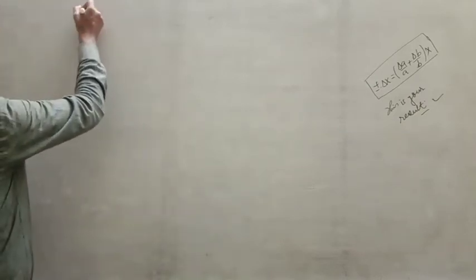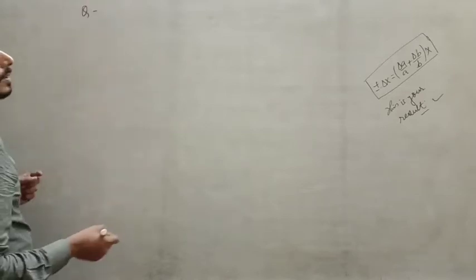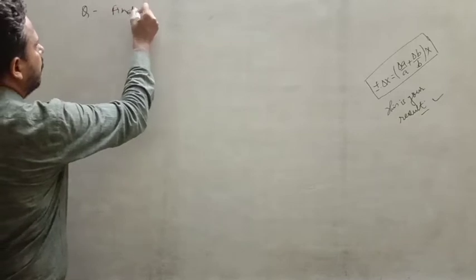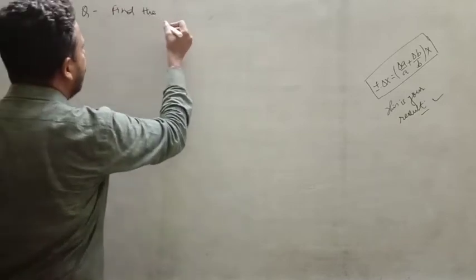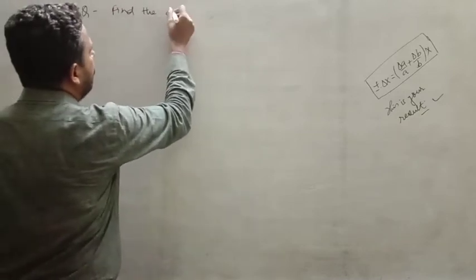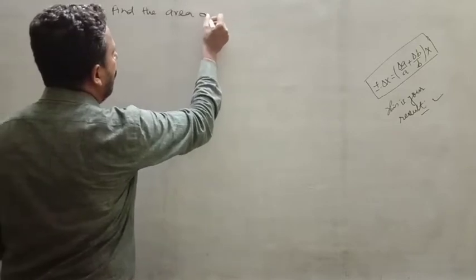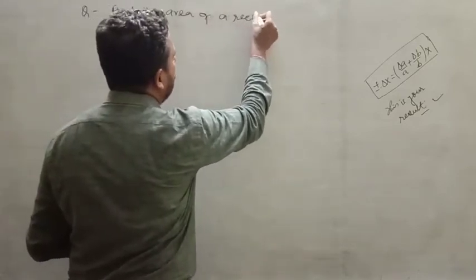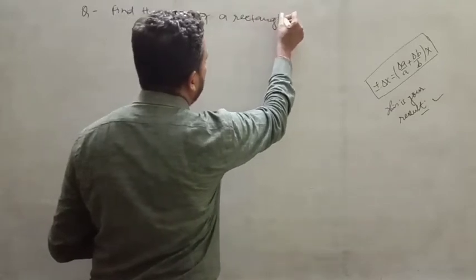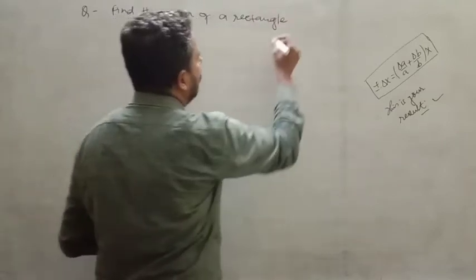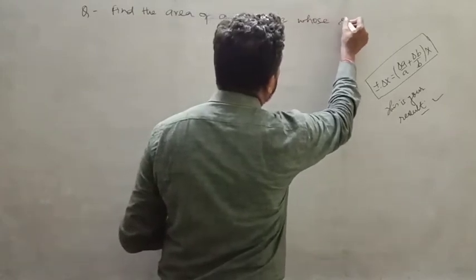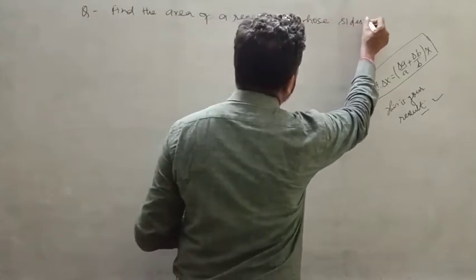So your question is that find the area of a rectangle whose sides are.